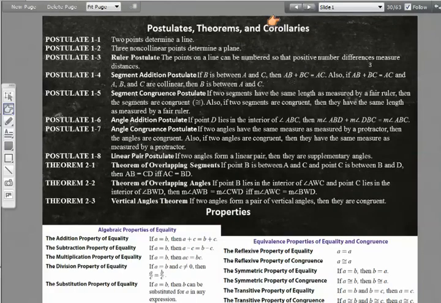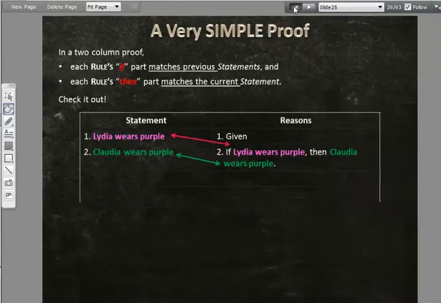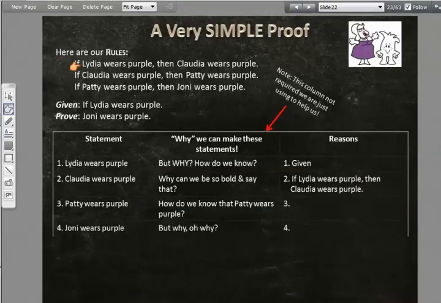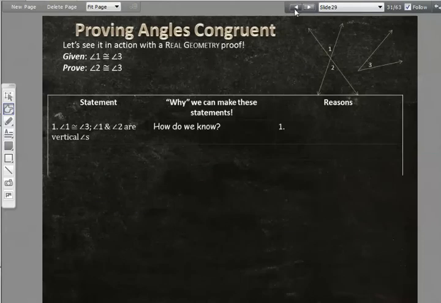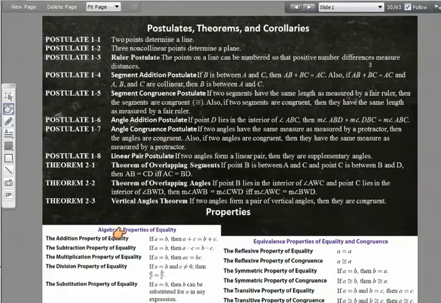Alright. You remember I told you we had those rules. Here, let me go back. Okay, see, here are our rules for this very simple proof. Well, in geometry, what we've learned so far since the beginning of school, here's our rules, plus all the definitions that we've learned.